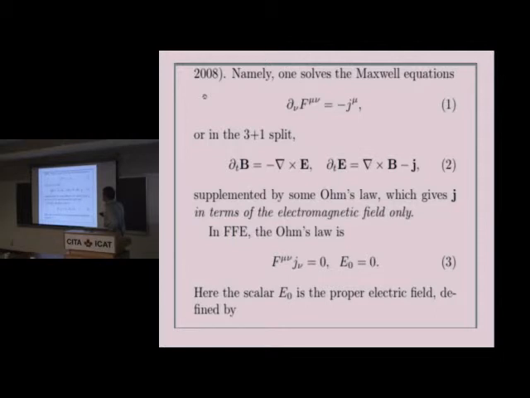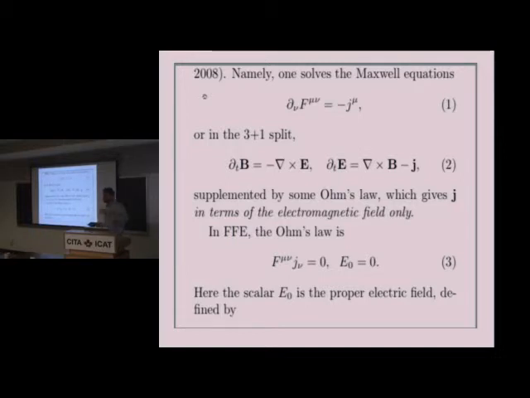Remember, we don't have to write the other two. The other two are just initial conditions, which will be sustained by these equations. But to solve Maxwell equations, I need to know the current. So here is then the suggestion. Write the current just in terms of the electromagnetic field.